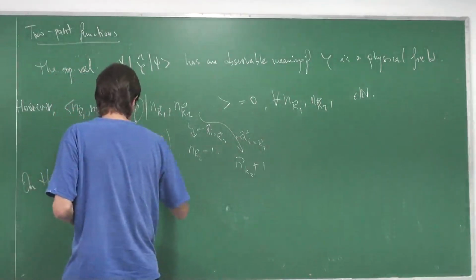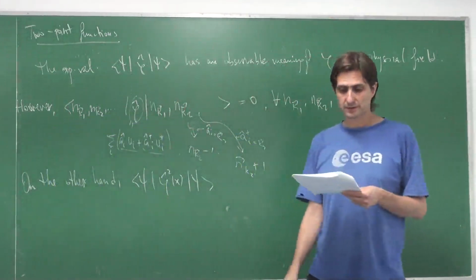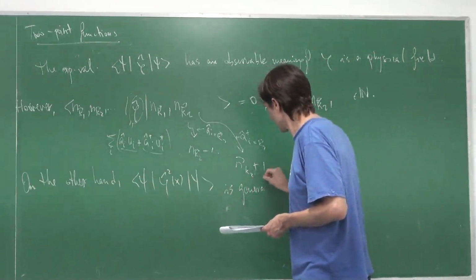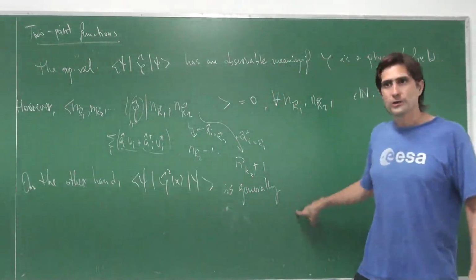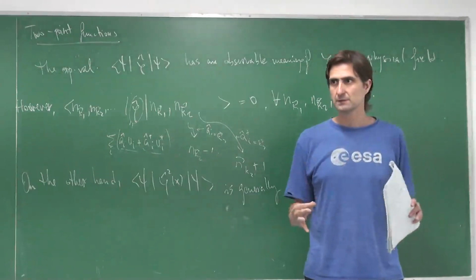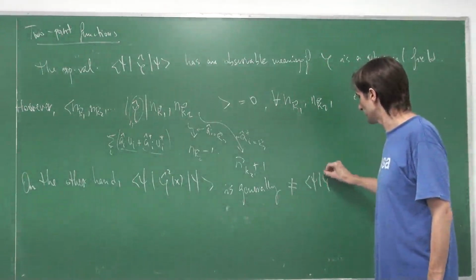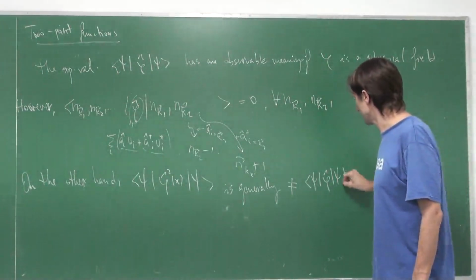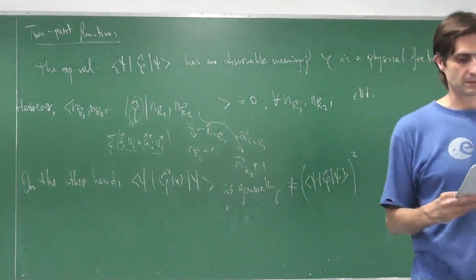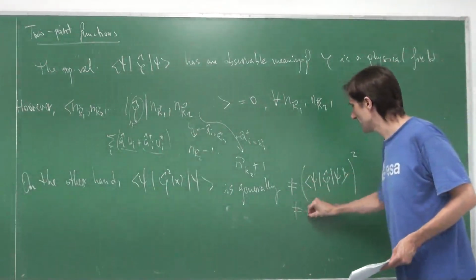If you just take the expectation value of the field squared in any state, that's generally not the same as squaring the expectation value of the field. It is generally different from taking the expectation value of the field and squaring it. It is a deviation from the mean. So in general it's different from this, and it's also different from 0.